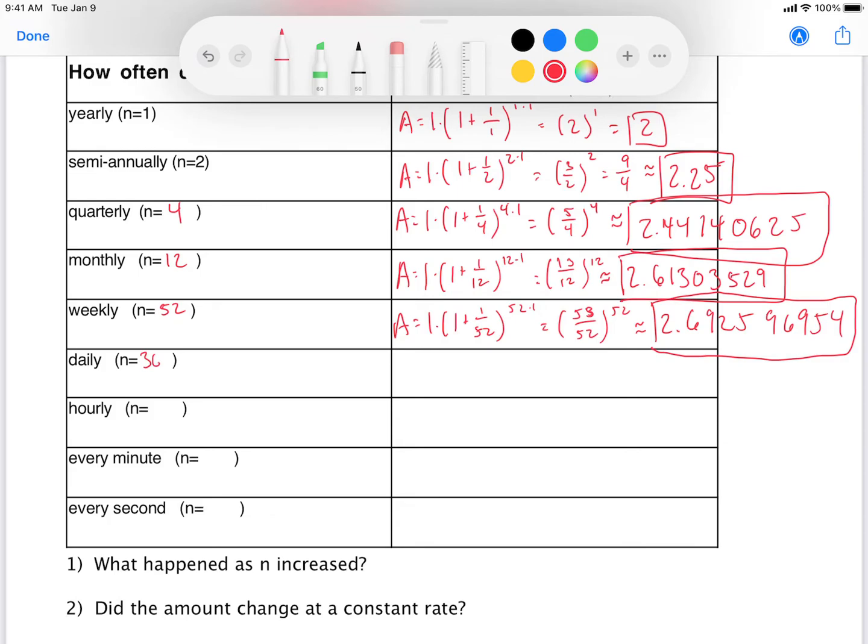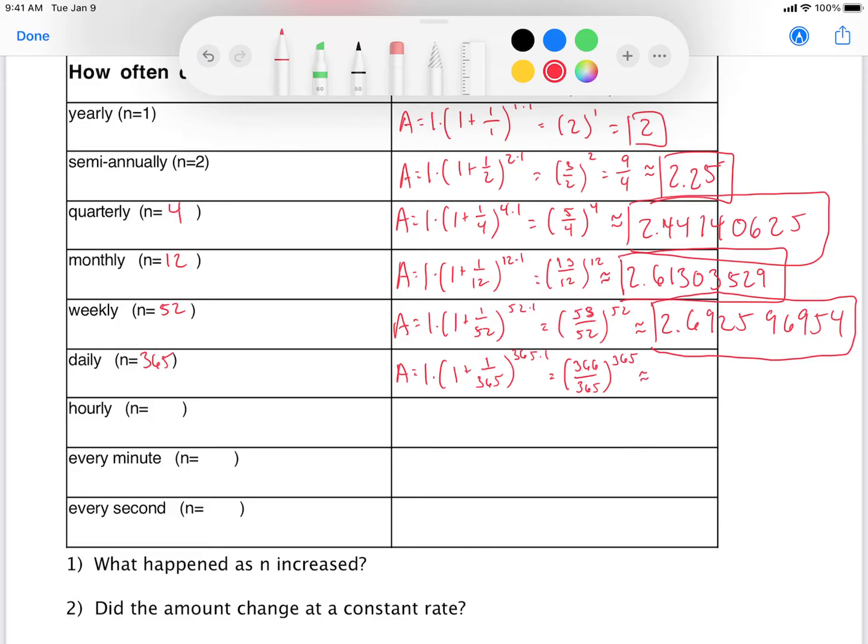365. All right, 365, which again, my formula, A is equal to 1 times (1 plus 1 over 365) to the 365 times 1 power, which is equal to (366 over 365) to the 365th power. You guys see the pattern, right?